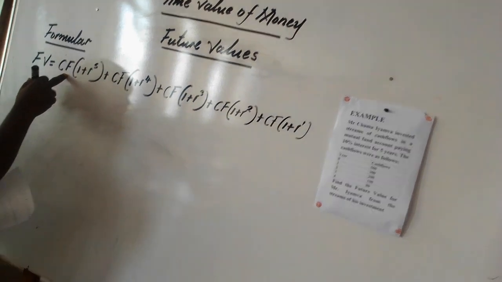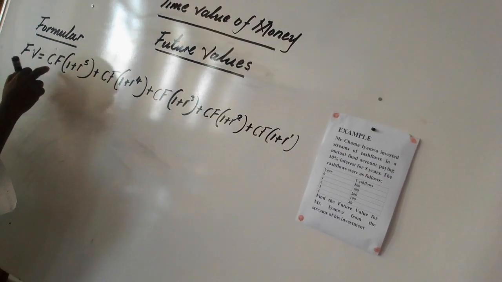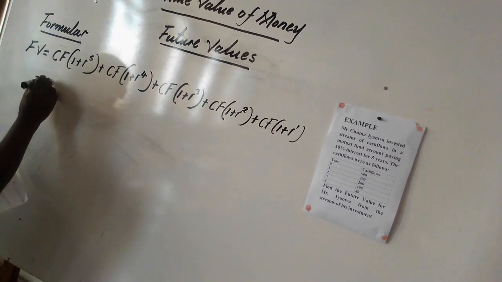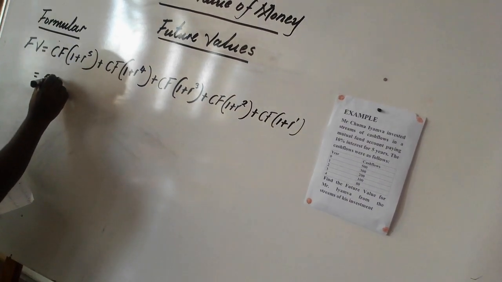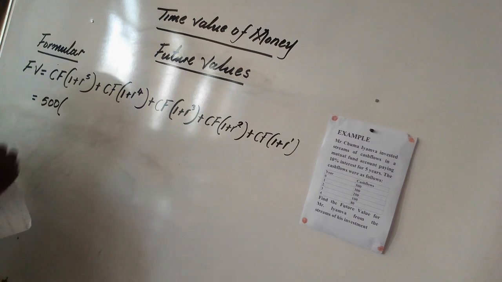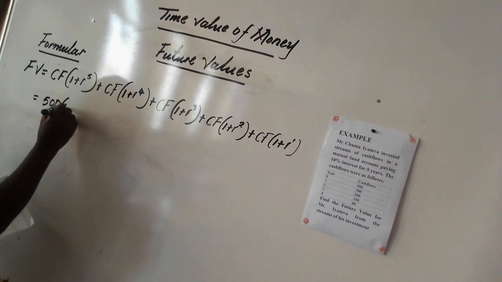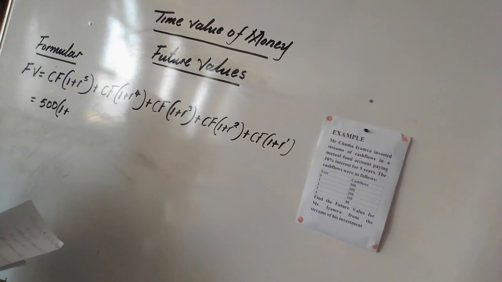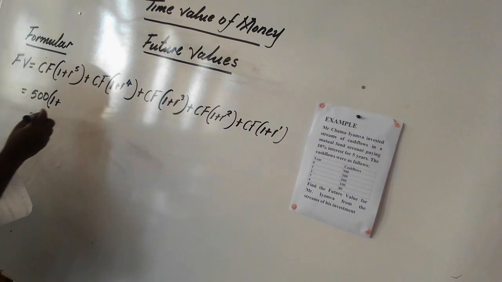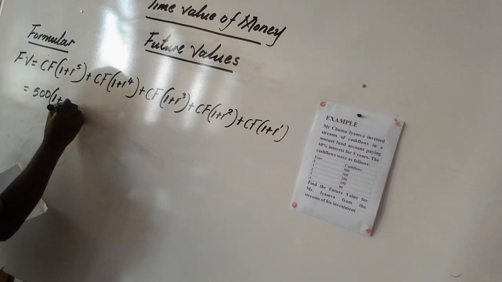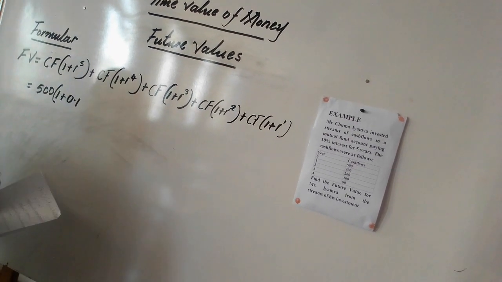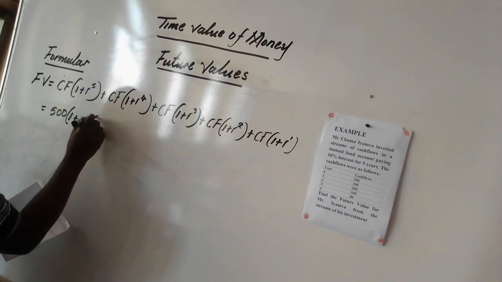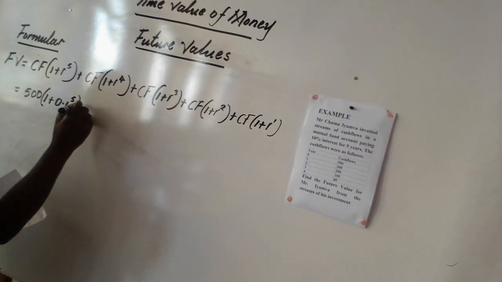Where there is cash flow, we remove it and put the 500 like this. Then we have 1 plus our rate; the rate in the question is 10%, so it will be 0.1, to power 5.